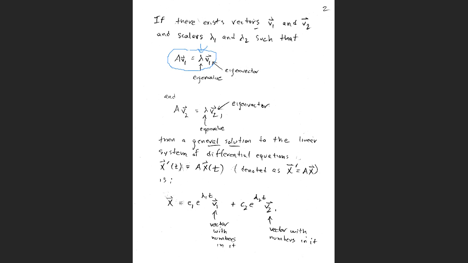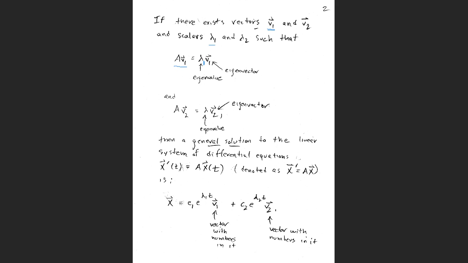If there were a vector v1 such that A times v1 were equal to lambda 1 times v1, then lambda 1 would be an eigenvalue, and v1 would be the eigenvector corresponding to that eigenvalue.